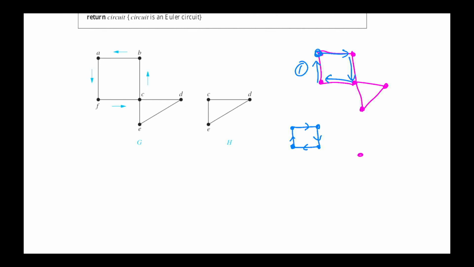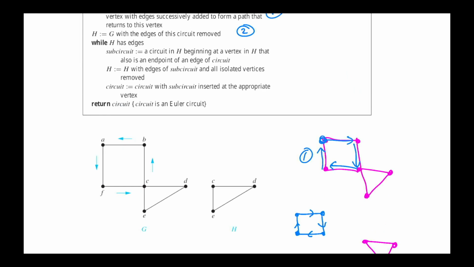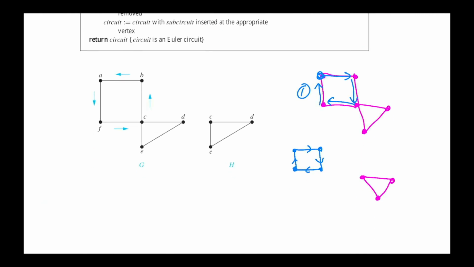And this is what you have left. Just this part. Okay. And then what you're going to do is, while H has edges, so this is the circuit, and this is what we're calling H.